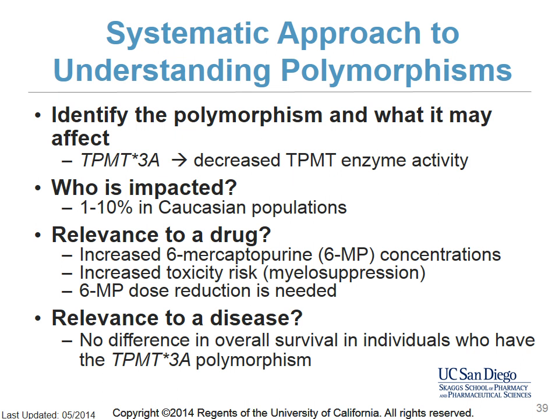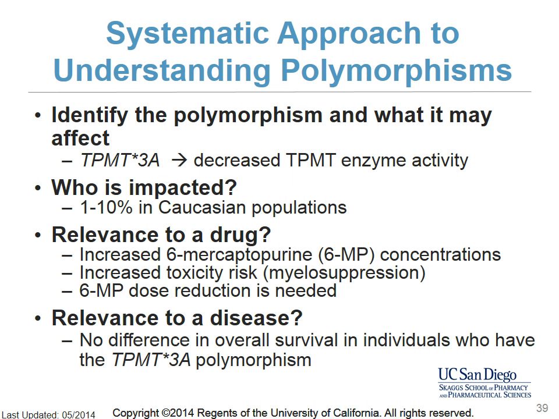Let's apply this approach to our patient case. First, identify the polymorphism and what it may affect. The polymorphism that is relevant in this case is TPMT star 3A, which results in decreased TPMT enzyme activity. Second, identify which patients are likely to be impacted. There is a higher prevalence of this allele within Caucasian populations, where the frequency is 1 to 10%. Third, determine the relevance of the polymorphism to a specific drug.